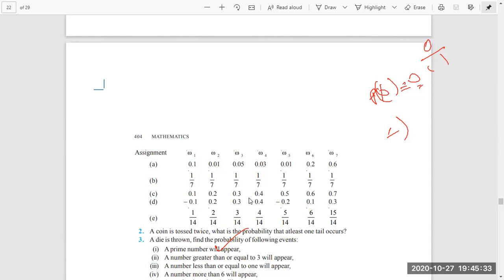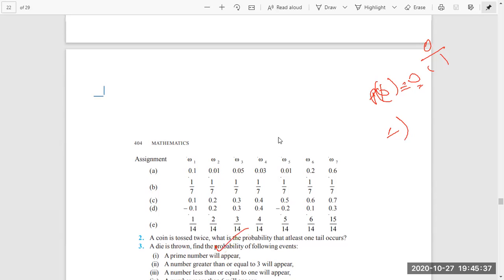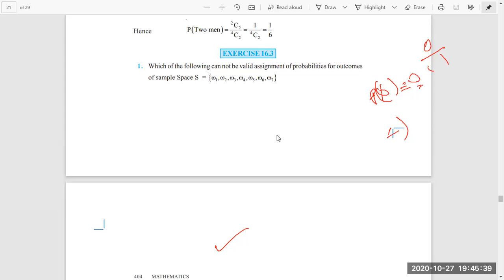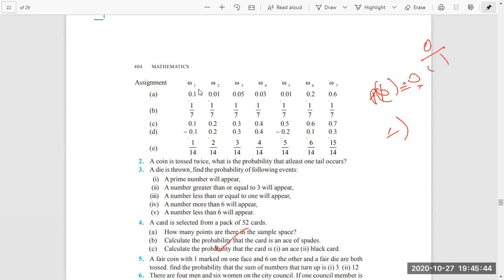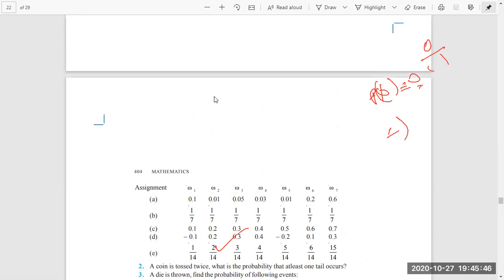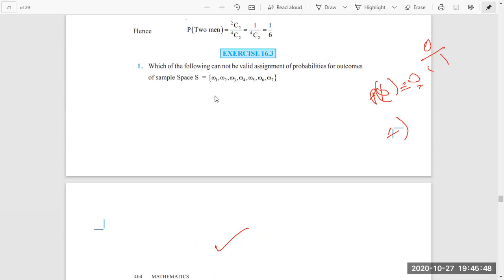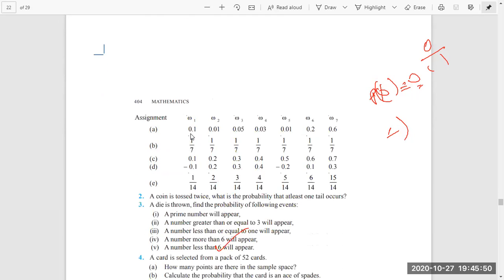Which are not valid assignments for the following outcomes of the sample space? Each one is an individual event of the sample space.